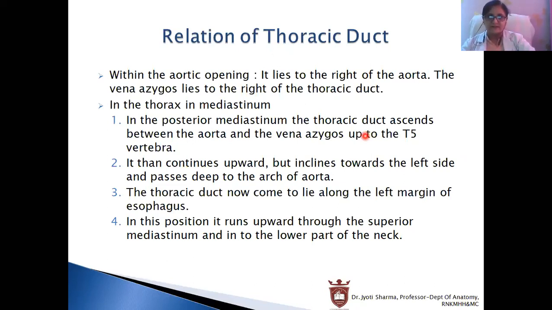In the thorax, in the posterior mediastinum, the thoracic duct ascends between the aorta and the vena azygos up to T5 vertebra. It then continues upward but inclines towards the left side and passes deep to the arch of aorta. The thoracic duct now comes to lie along the left margin of esophagus. In this position, it runs upward through the superior mediastinum and into the lower part of the neck.